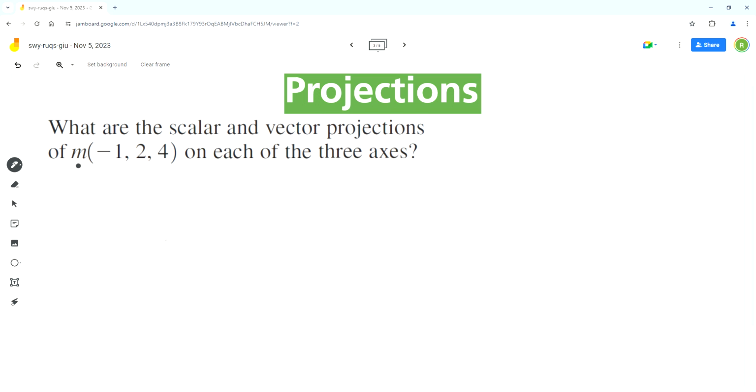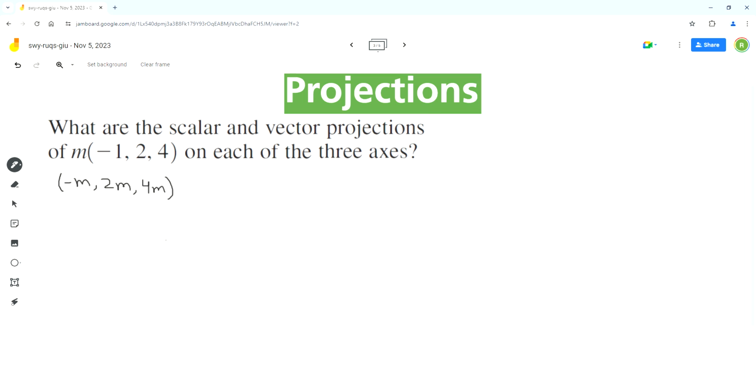So we can multiply each component in this vector by this scalar m, and we can rewrite this vector. So we multiply each component by m. Now we can write the vector for each of the three axes.